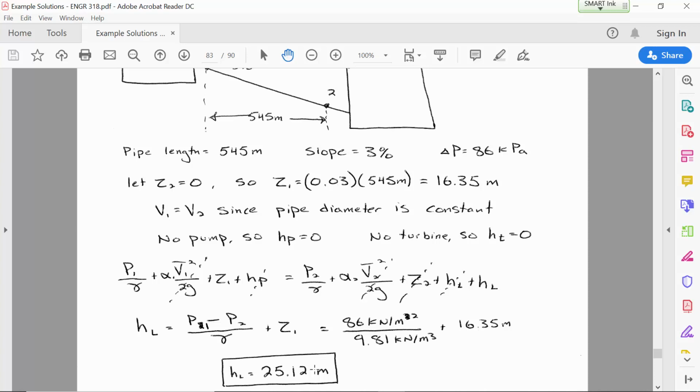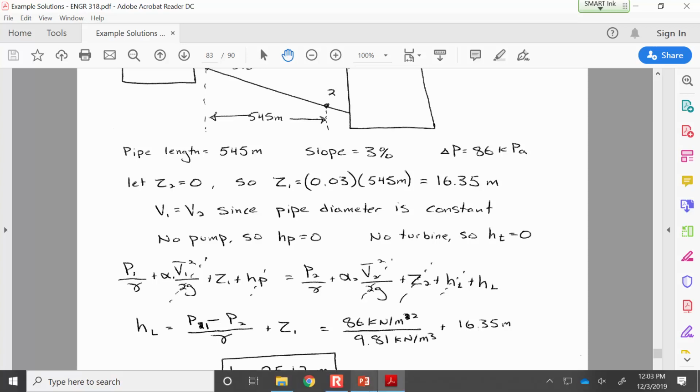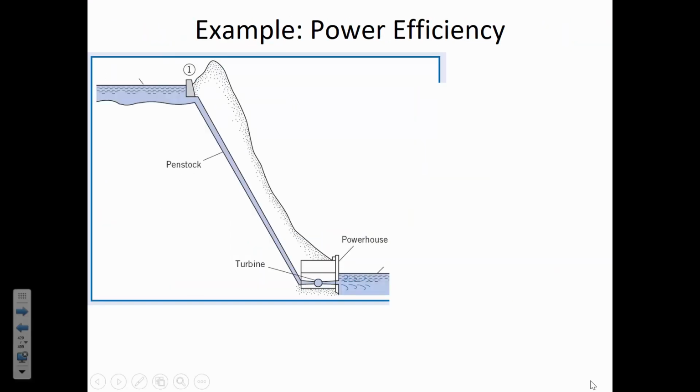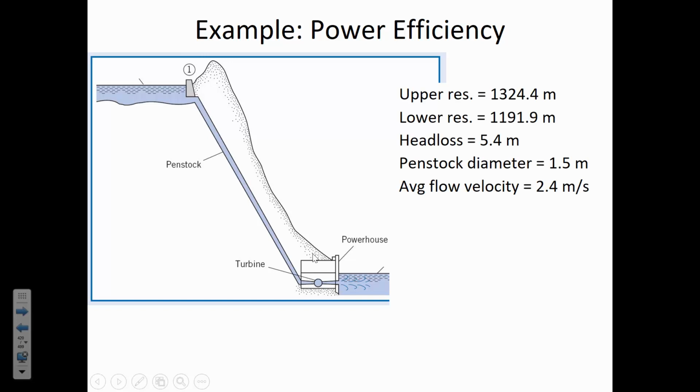Okay, let's take a look at how to handle the energy equation when we want to calculate power, like in a hydropower scenario. What we have here is an elevated reservoir where water is flowing from an elevated reservoir down to a lower location. And the water flows through a penstock and into a turbine that extracts the turbine head and turns it into electricity.